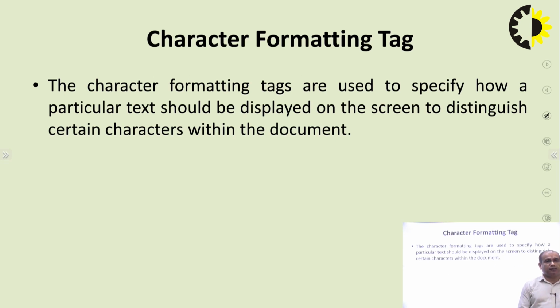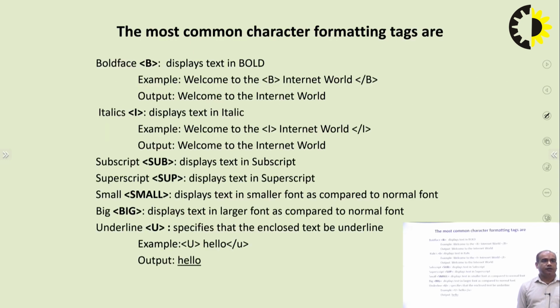So if I talk about the character formatting tag, the character formatting tags are used to specify how a particular text should be displayed on the screen to distinguish certain characters within the document. These are the following tags used for character formatting, and we will use them frequently. First is the boldface tag, the B tag.